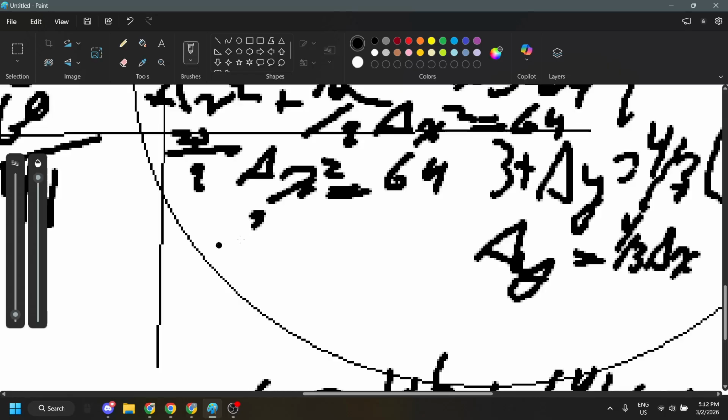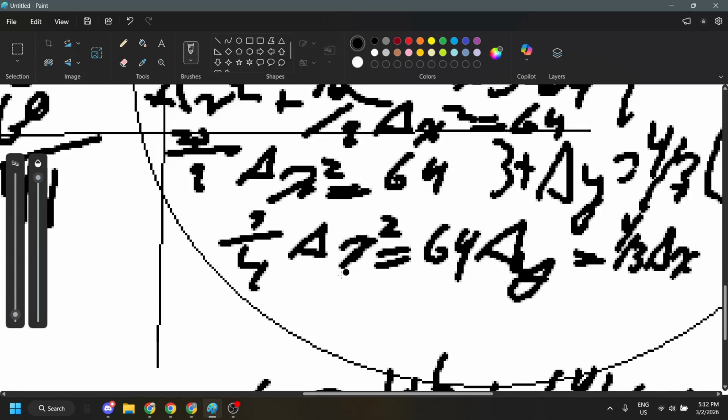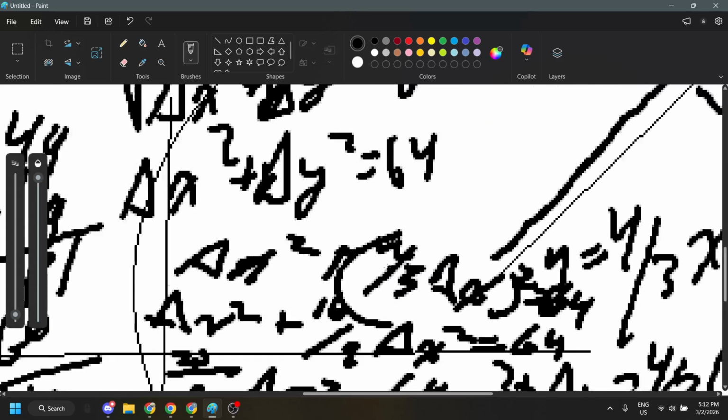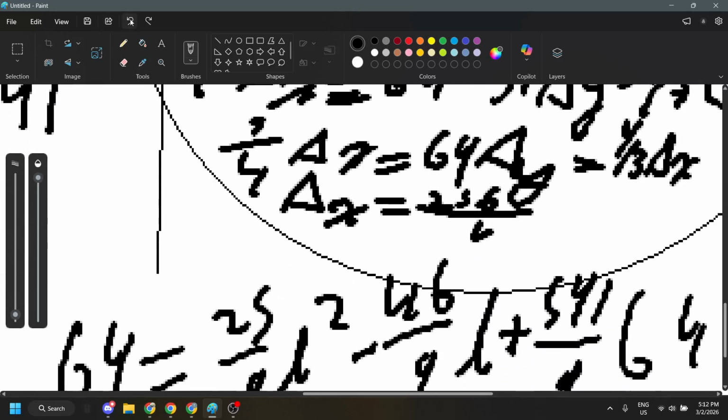Square root of both sides, 5/3 delta x is equal to 8, no, it's 5/4 delta x, so delta x is equal to 256 over 4 over 5.